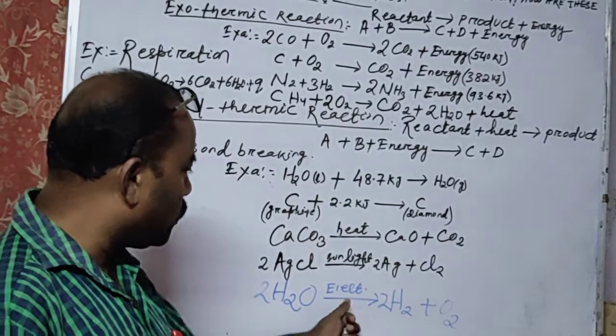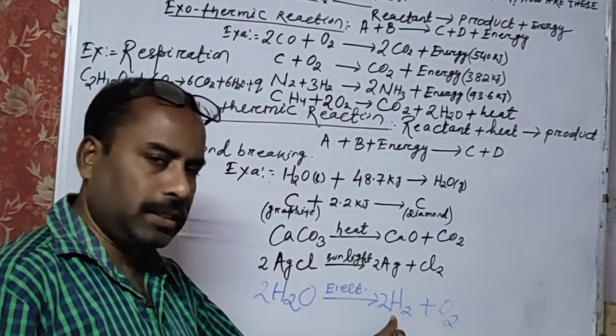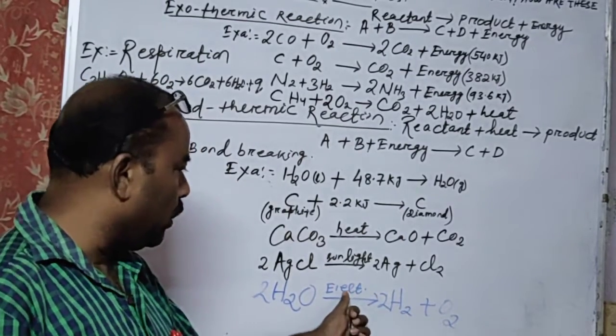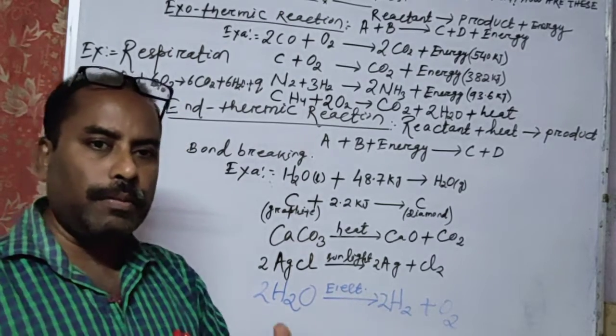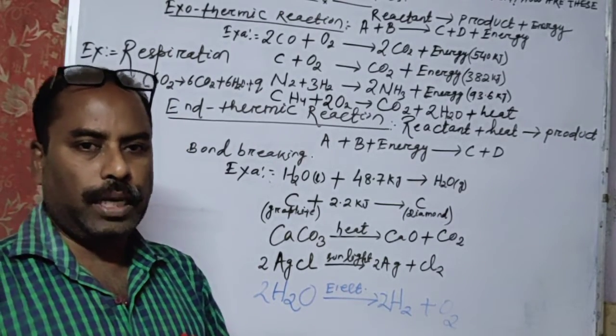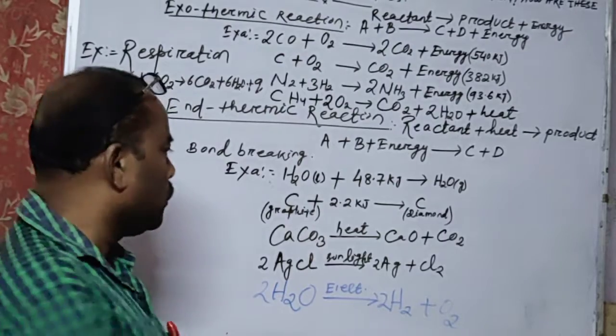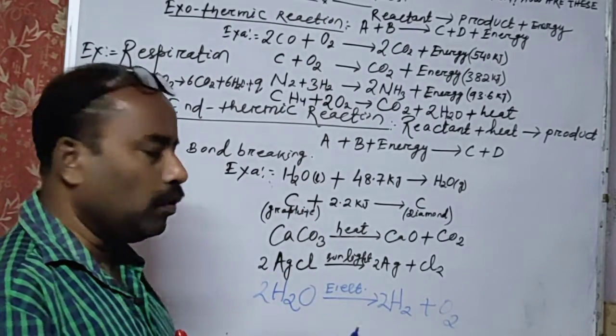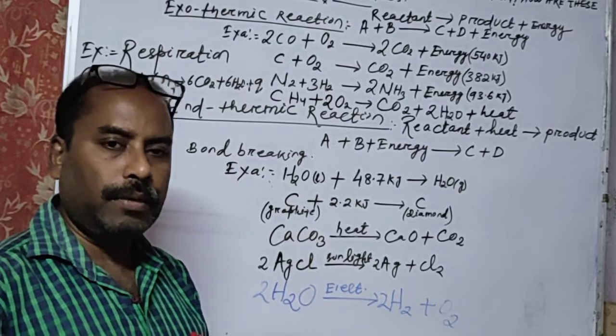So in this way also energy is required to carry out the reaction, and this energy is in the form of electricity. Whatever may be the form of energy, energy is required here, so that's why it is called the endothermic reaction. Like photosynthesis.